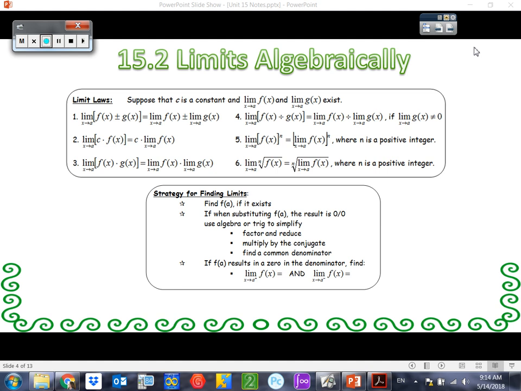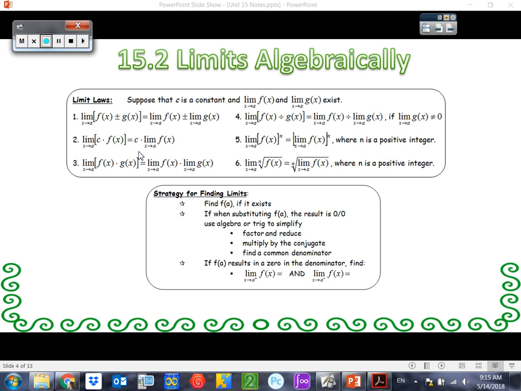What are they? So one is if we were to take the limit of something, we have two functions being added or subtracted from each other. We are allowed to split them apart and take the limit of the first function, then the limit of the second one, and then add or subtract their results. So that's an okay thing to do. If we have a number that's inside here, like 5, and we want to pull that outside the limit, that's perfectly acceptable.